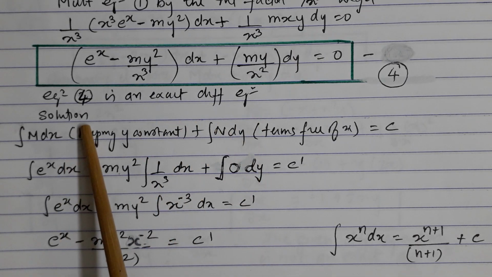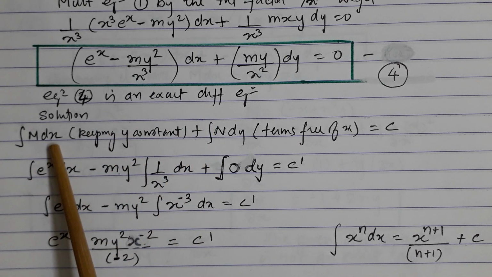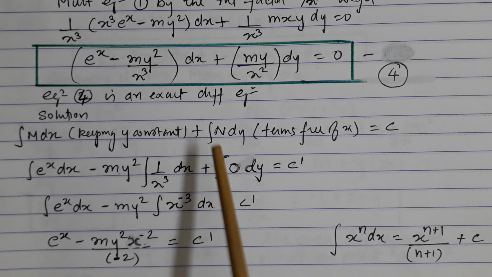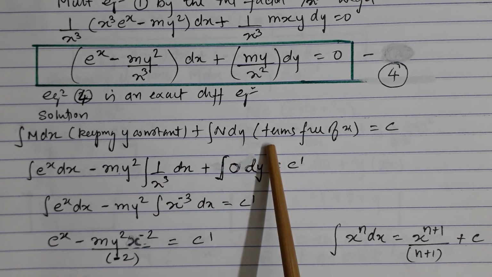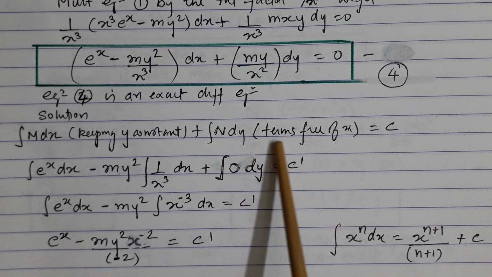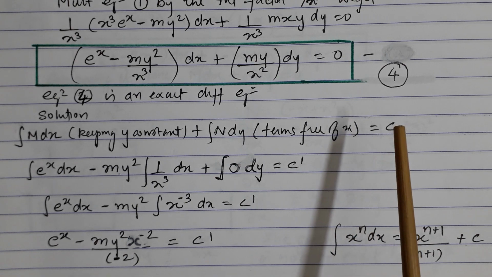Now the solution to this exact differential equation is integral m dx keeping y as constant plus integral n dy, integrating only those terms from n which are free of x, equals c.